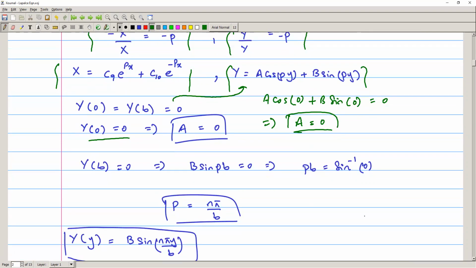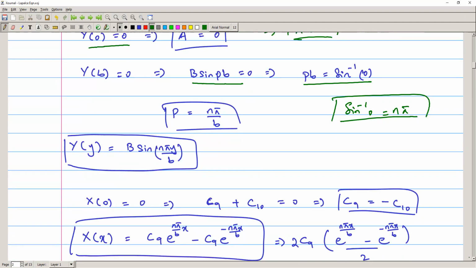And then we will apply y of b equals 0. Therefore, b sine pb equals 0, which means pb equals sine inverse 0. And then sine inverse 0 equals n pi, as we already know from the previous lessons. So p equals n pi over b. Then the solution y of y equals b sine n pi y over b.